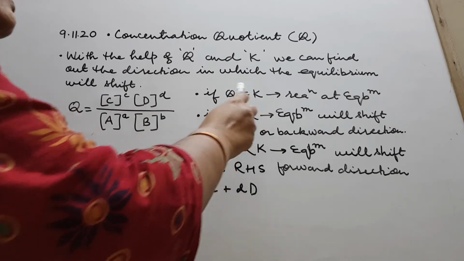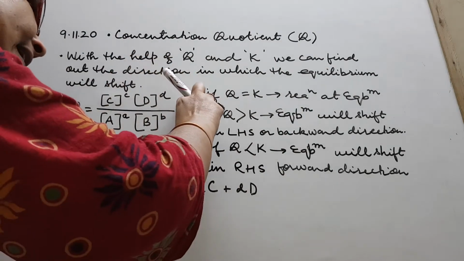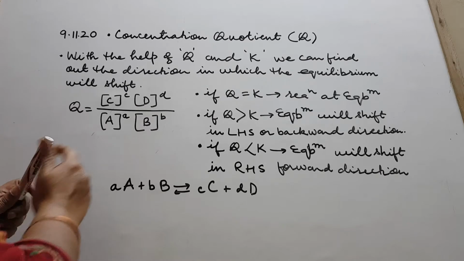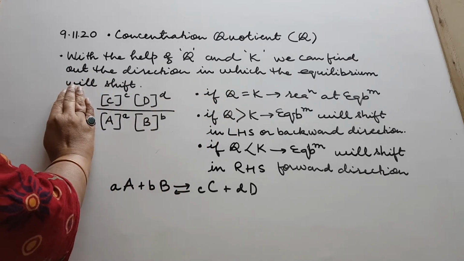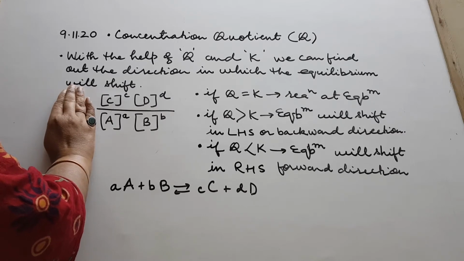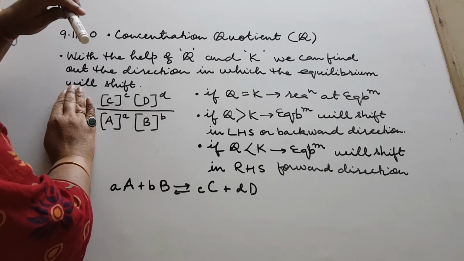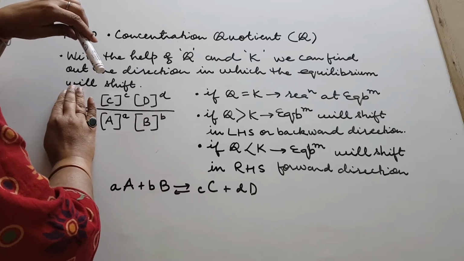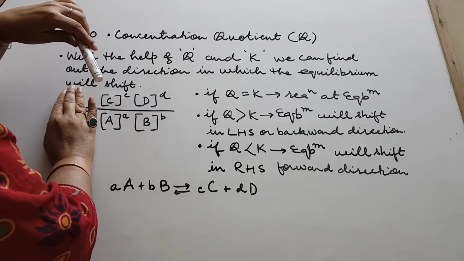So if Q is equal to K, reaction is at equilibrium. Very same thing children. You see one can even write it is as equal to K. I mean this formula is as good as the formula for K or Kc. Very same. But children, the difference is these concentrations which are there in the formula, they are given to you or they are measured at equilibrium when the rate of forward reaction was exactly equal to rate of backward reaction.